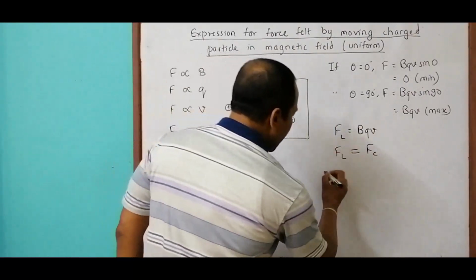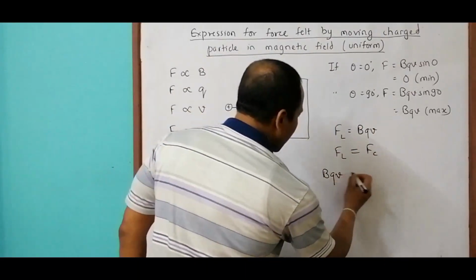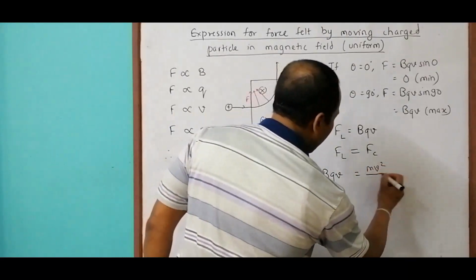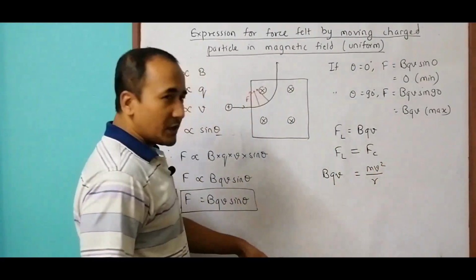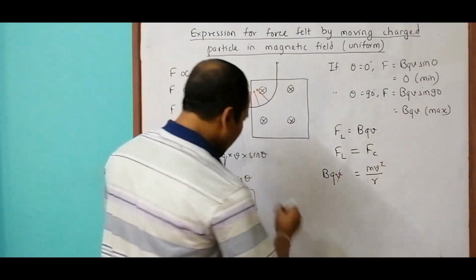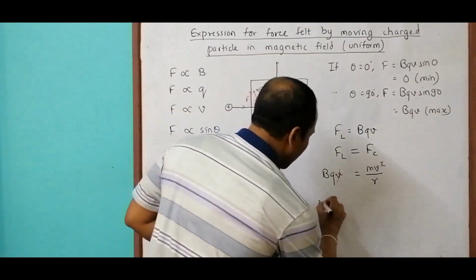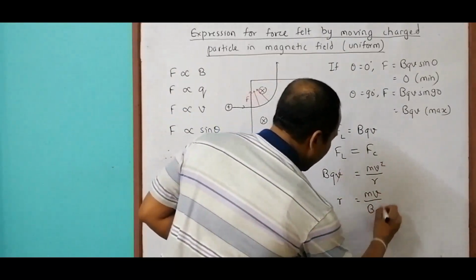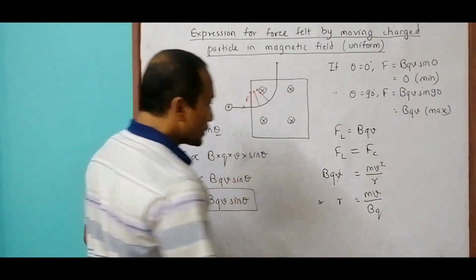So this FL, which is BQV, is equal to this FC, which is mv square by r. So from here I can cancel something. This V and this V go, which gives us R is equal to mv by BQ.